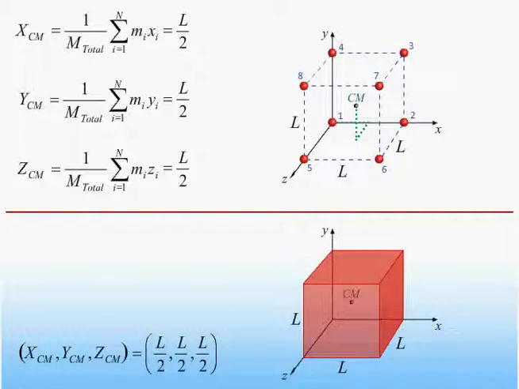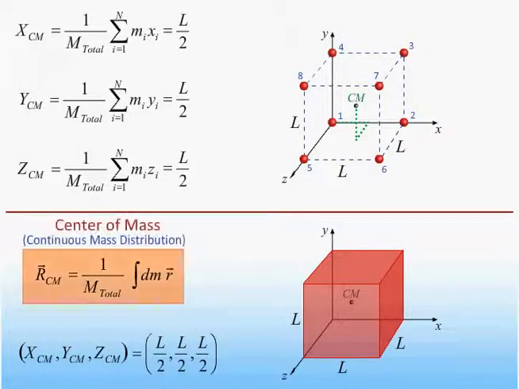Well, once again, calculus comes to the rescue. Rather than calculating the product of position times mass for individual particles, we just integrate the position vector over all infinitesimal mass elements, dm, contained in the cube. This procedure may sound difficult, but it's really not that bad, and we will walk you through the details of this calculation on the next slide.